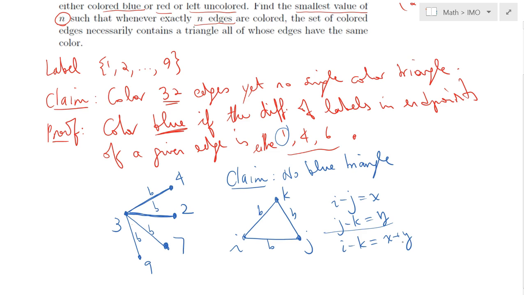So these differences are supposed to belong to this set 1, 4, or 6. However, this is impossible because, for instance, if X is 1 and Y is 4, their sum, which is the other edge, is only 5. So there's no way that I should have colored this one blue, right? And so on.